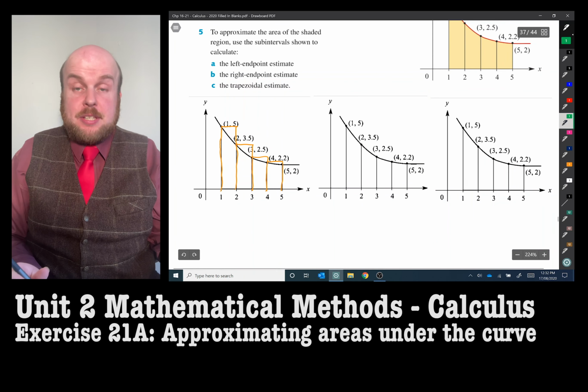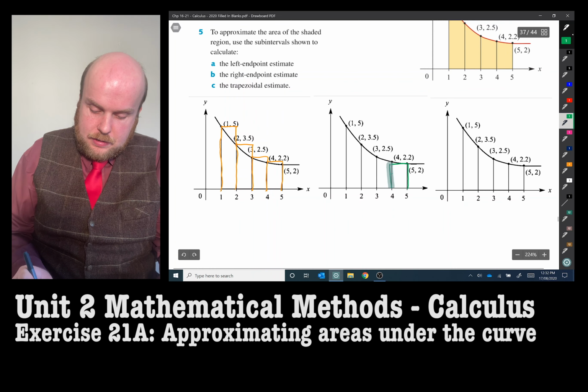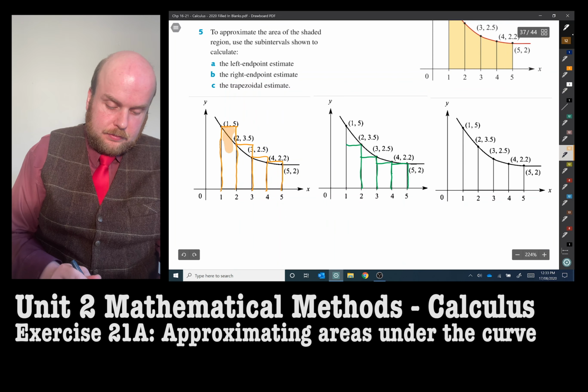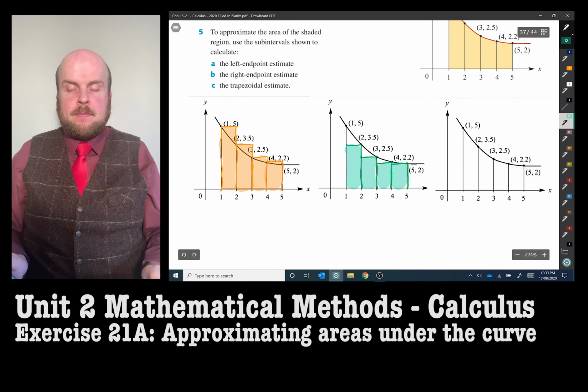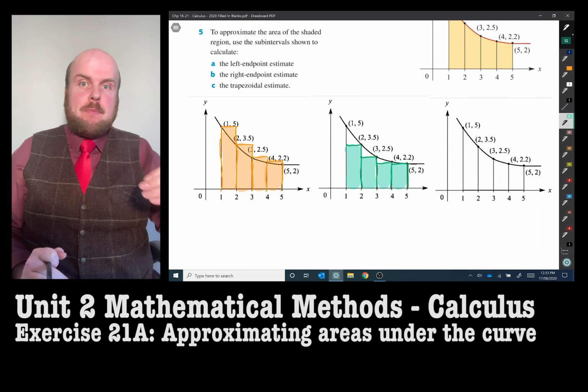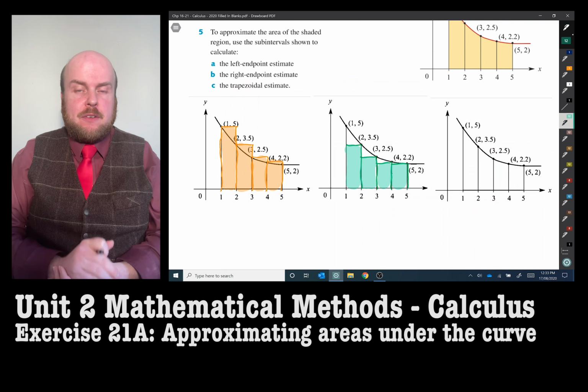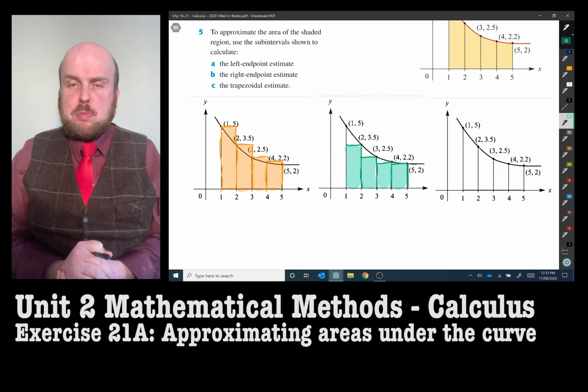Whereas the rightmost, as you could possibly guess, I start from the right and make my way to the left. So the left and the right endpoint estimates will involve some of the rectangles being above the curve, some of them underneath the curve, and theoretically we can find an area by finding the average between the two.